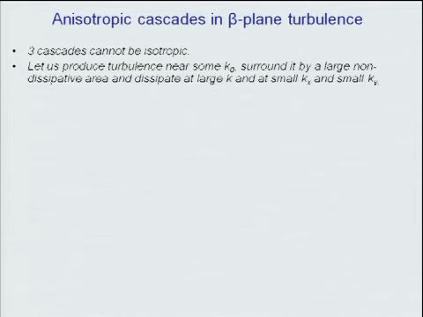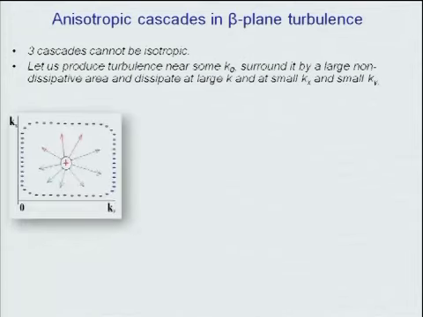You can't divide k-space into three sectors so that it would be isotropic. The only way to divide it is mod k greater than something, mod k less than something. That is only two, okay? And so it will be anisotropic.